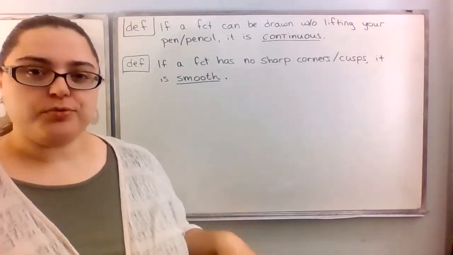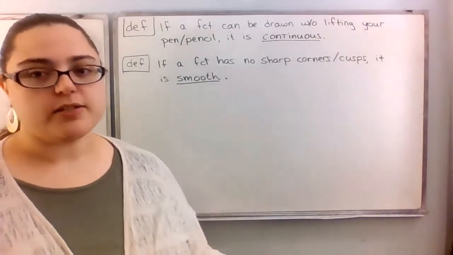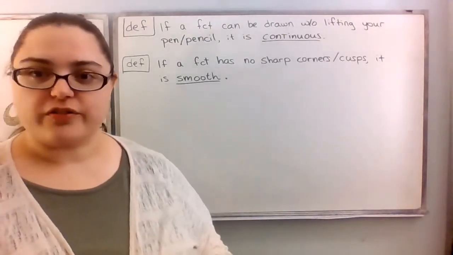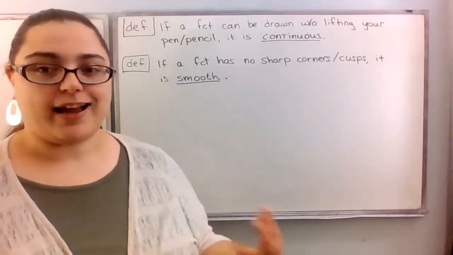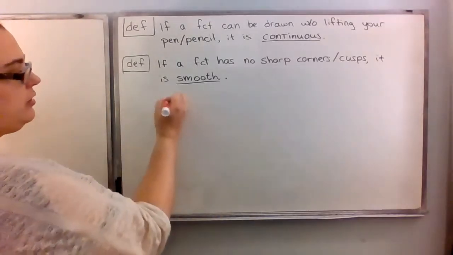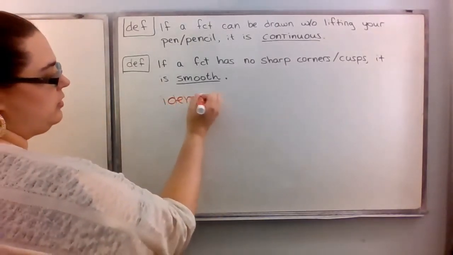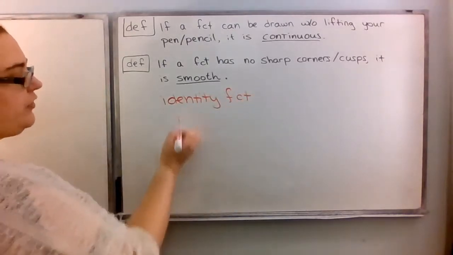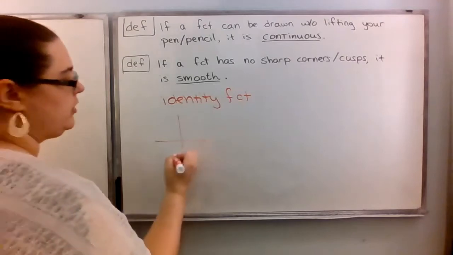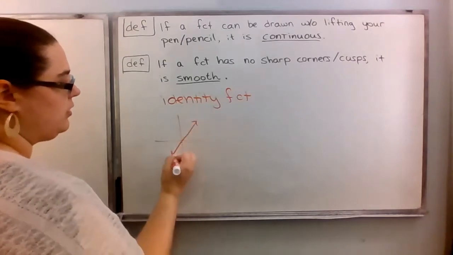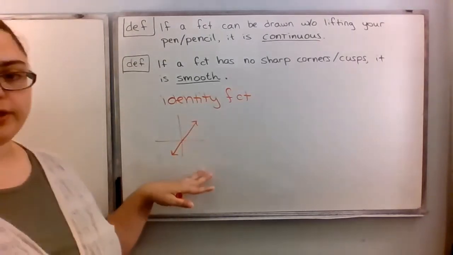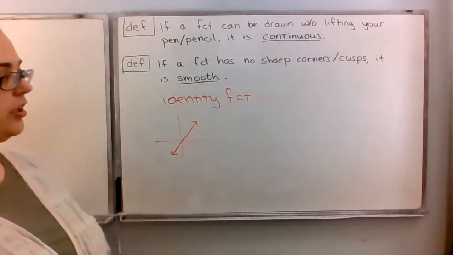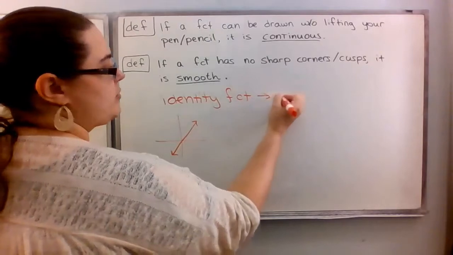And I think what we'll do to think about these concepts is we'll talk about our common functions that we did back in an earlier video. So let's start out with the identity function. So the identity function, if I wanted to sketch this real quick, is a line going through the origin with a slope of 1. The identity function is both continuous and smooth.